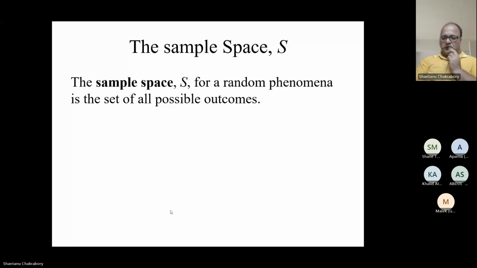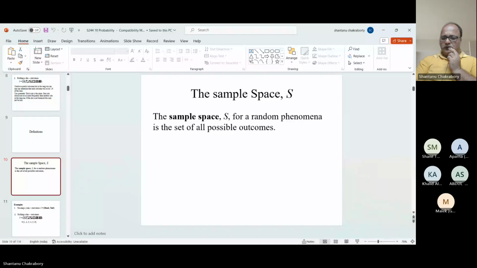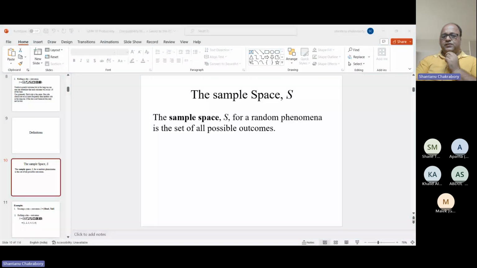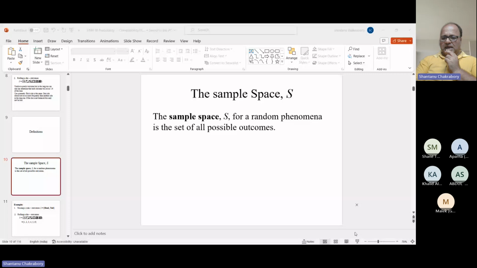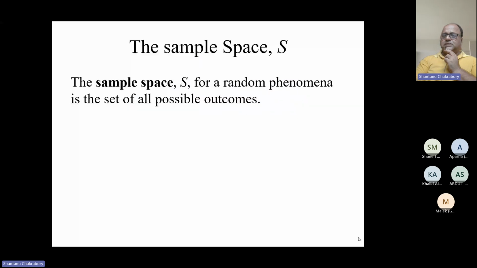So first we use the random phenomena. What happens in the random phenomena? In the random phenomena, we get all the listed sample space. So basically, what is the sample space? The sample space for the random phenomena is the set of all possible outcomes. Suppose you roll a dice or you toss a coin.